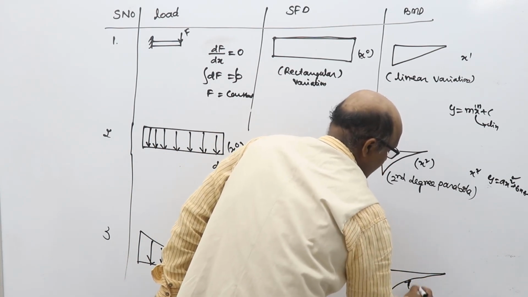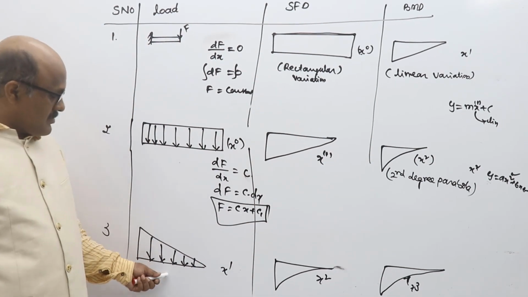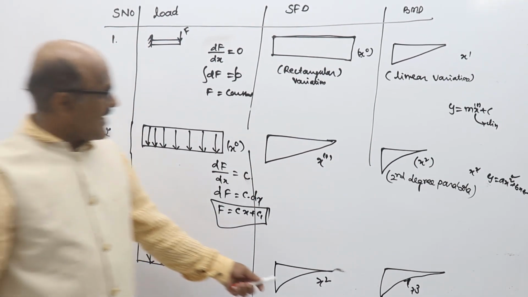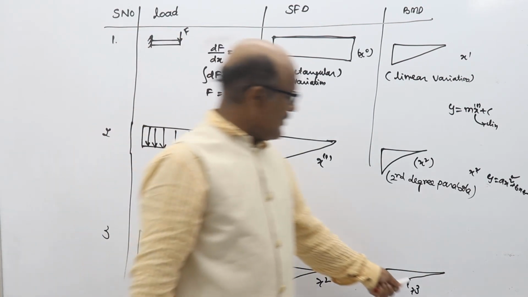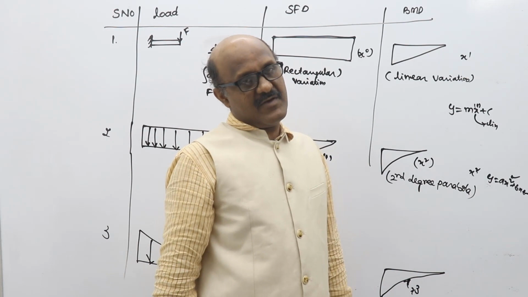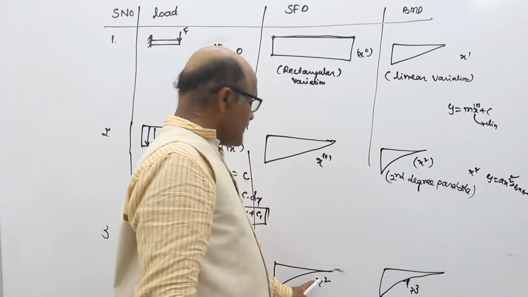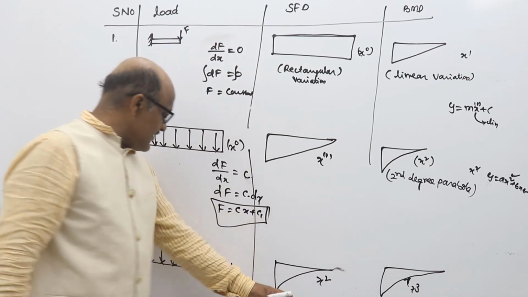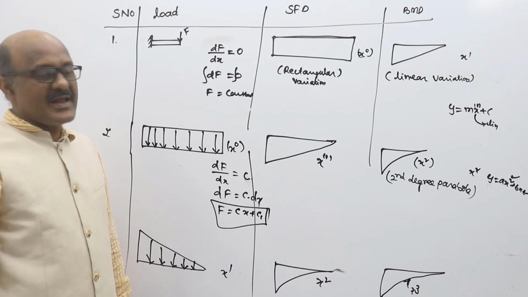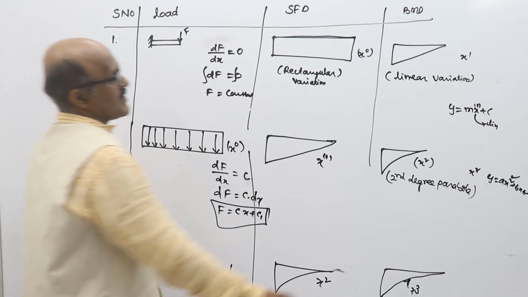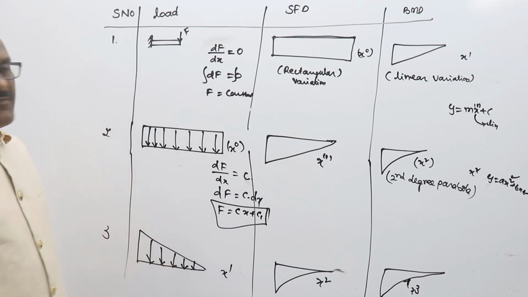When the load is linearly varying, the shear force diagram is a second degree parabola, and the bending moment diagram is a third degree parabola. That is, the bending moment is one degree more than the shear force, and the shear force is one degree more than the load. All of you clear? It is very, very important, my dear students, at the time of solving problems.